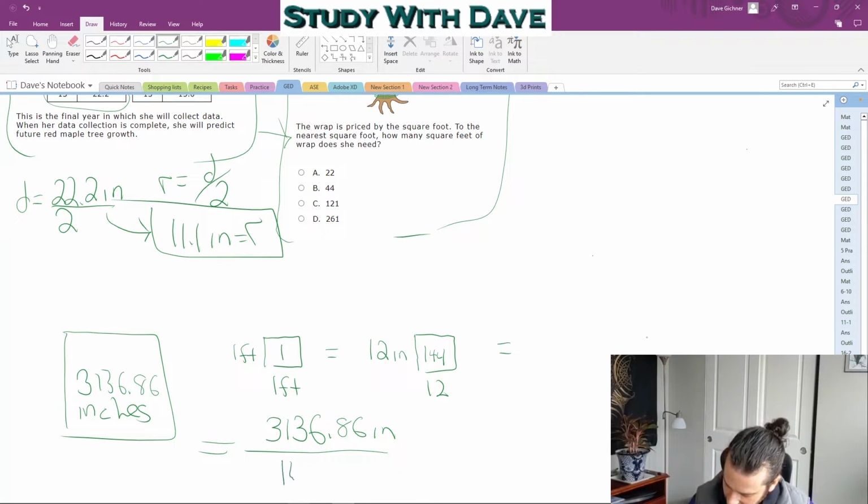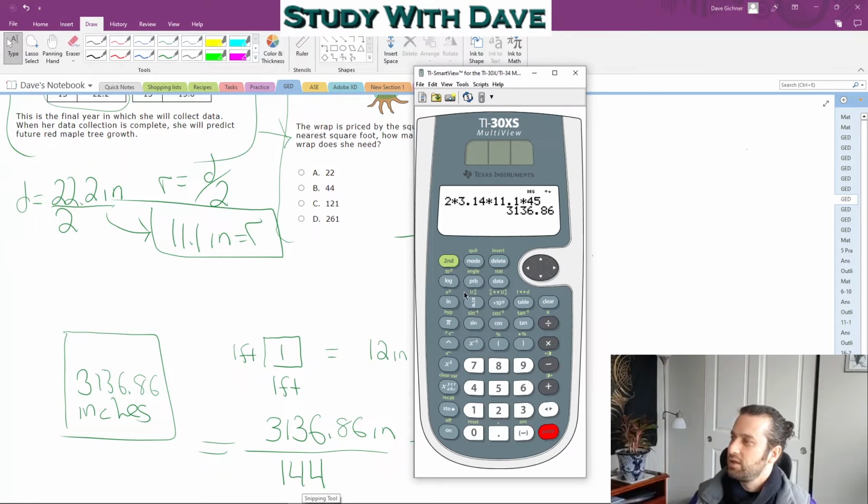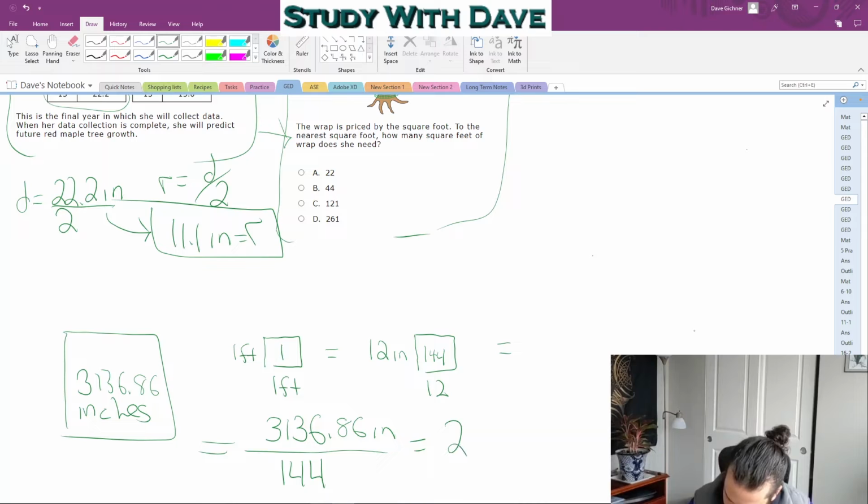That actually messed me up, but you actually have to divide this by 144 because we're looking at the area. So if we type that into our calculator, that should give us the answer. So 3136.86 divided by 144. We'll convert this inches into feet. And now we have, so that's going to be 21.78 feet.